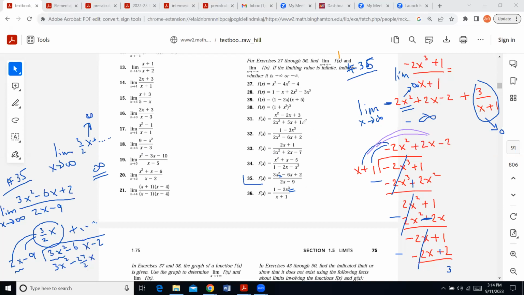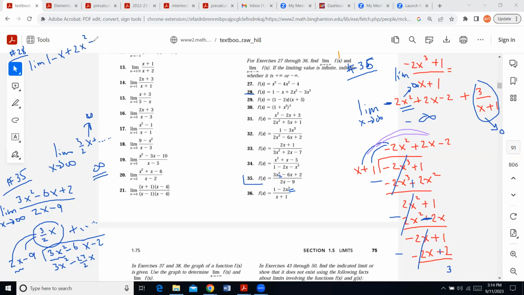Let's say exercise number 28. So what do you think the limit in 28 is going to be? Well, when you look at this 4-term polynomial, you will say to yourself, what's the largest power here? 2 or 3?